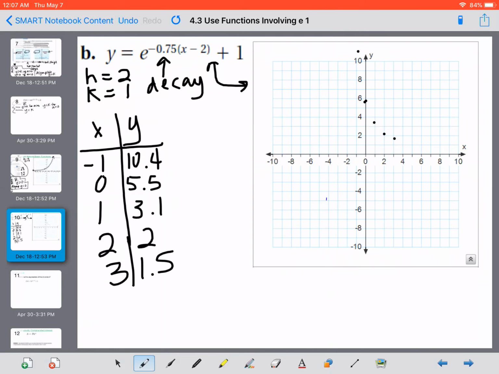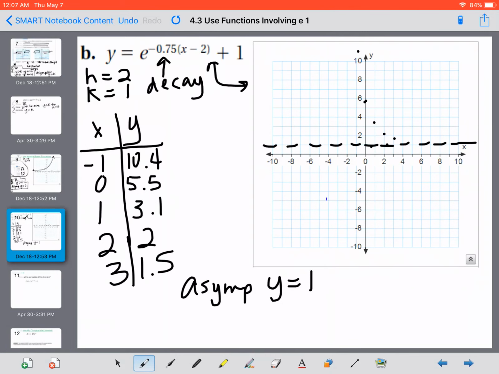Now remember, our asymptote is always y equals k, so that will be y equals 1. So my asymptote is going to be right here.